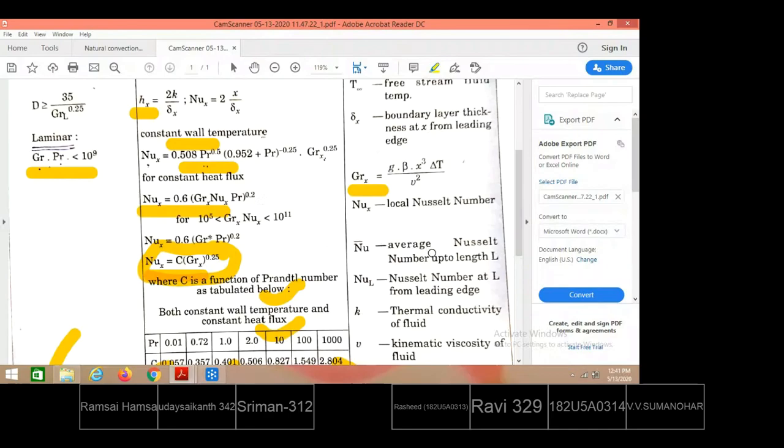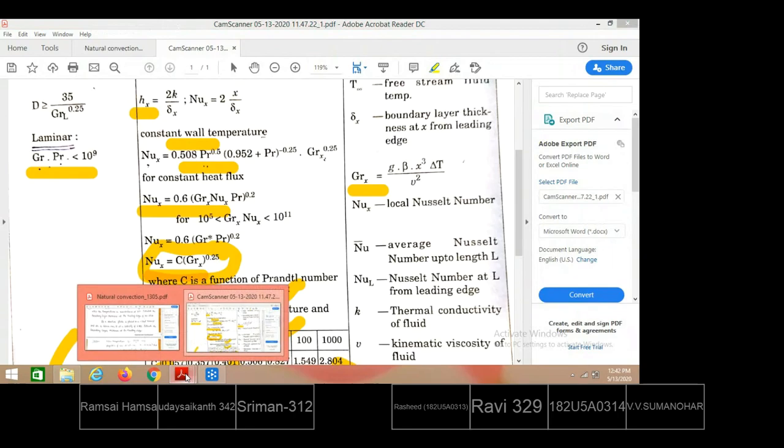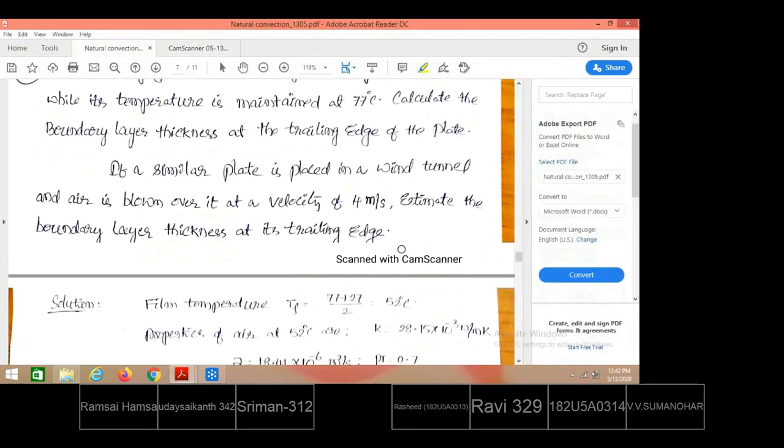That is why it is always required to keep the data book with you. Having the data book, all relations can be taken, and then the problems can be solved very easily.